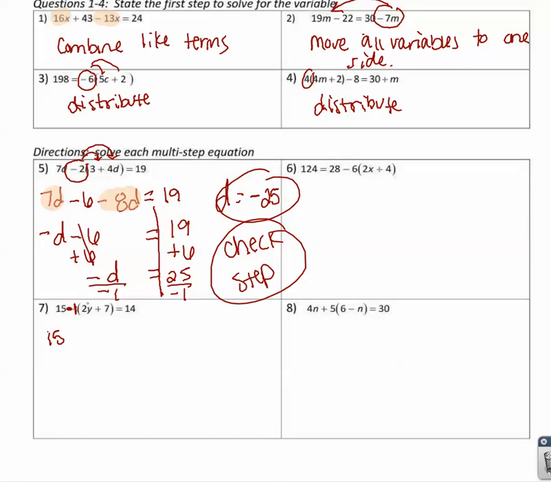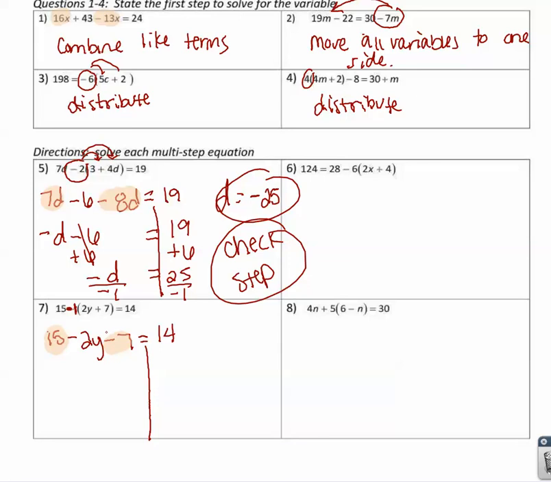So I'm going to say negative 1 times 2y is negative 2y. Negative 1 times 7 is negative 7 equals 14. Draw your line and see if there's any terms that we can combine.